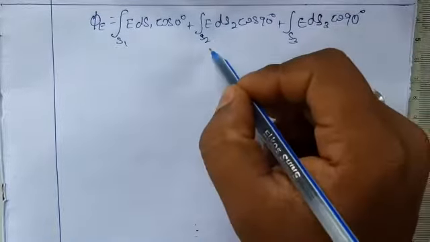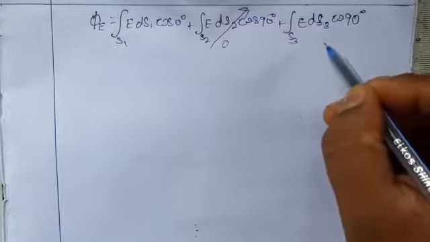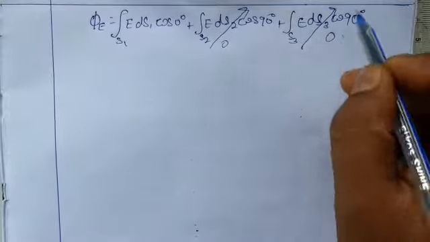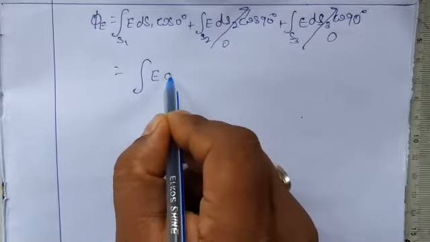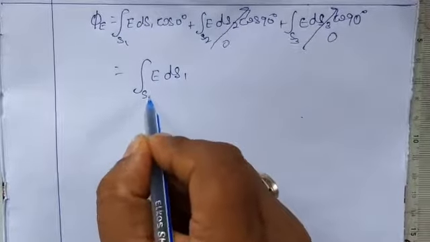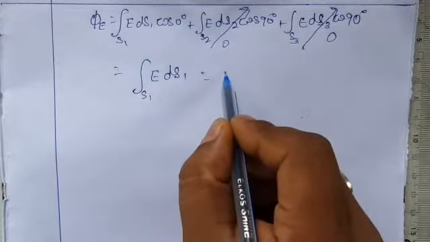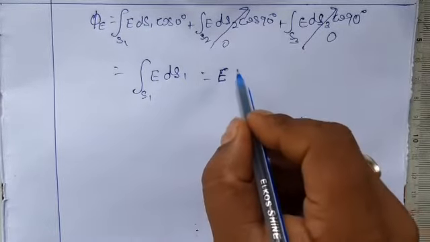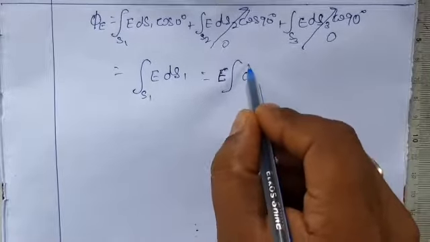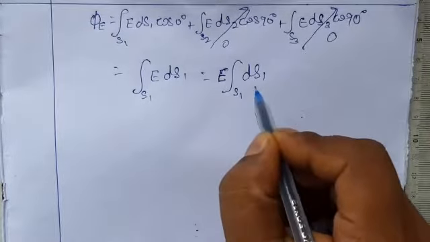Now cos 90 degree equal to 0, so this will become 0, this will become 0. So what we will get? Only E dot ds1 over the surface S1, or I can take E common outside, then integration ds1 over the surface S1.